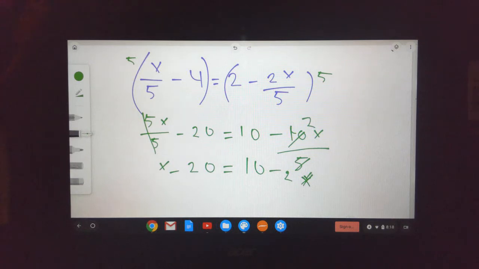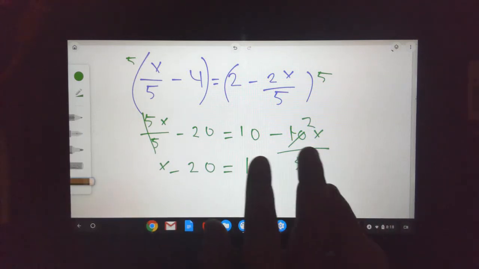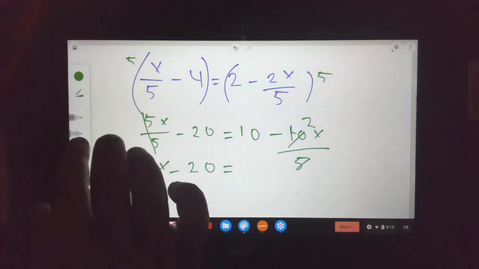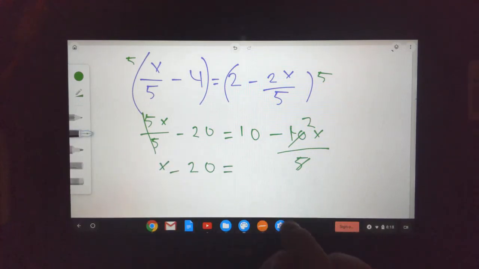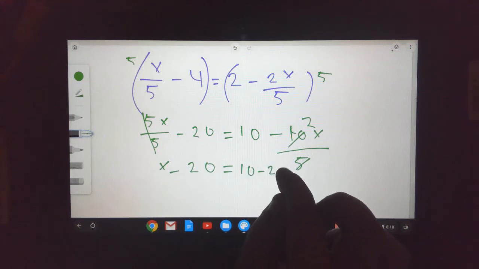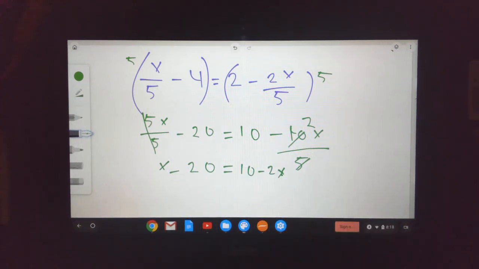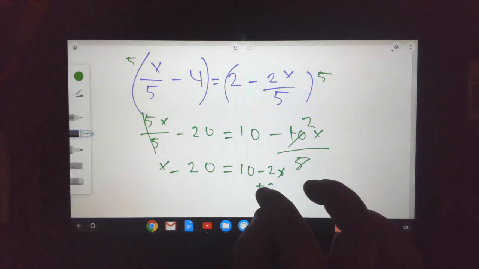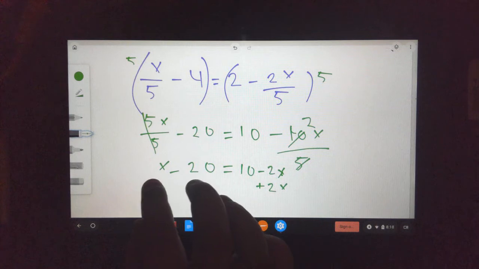Well, x minus 20 equals 10 minus 2x. Next thing to do would be adding 2x to each side.